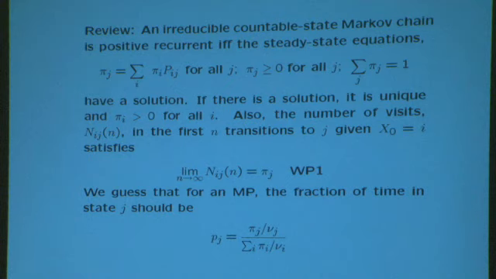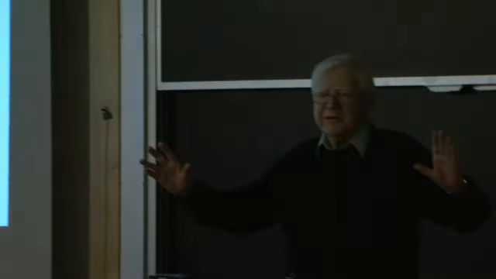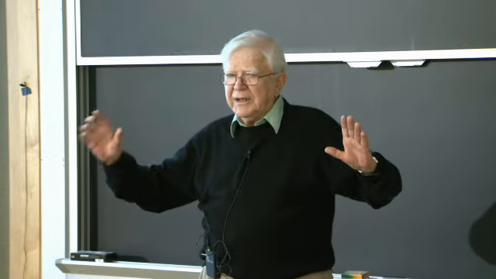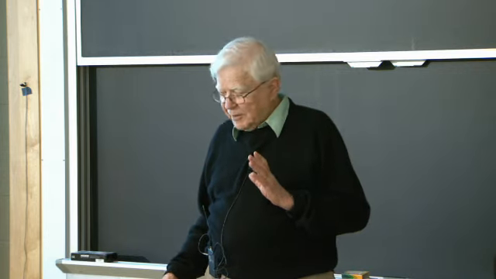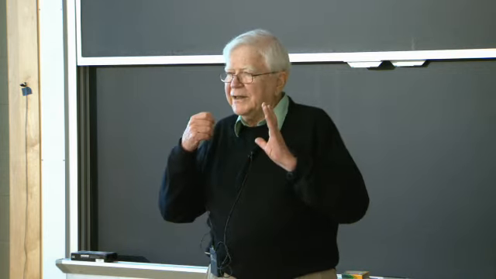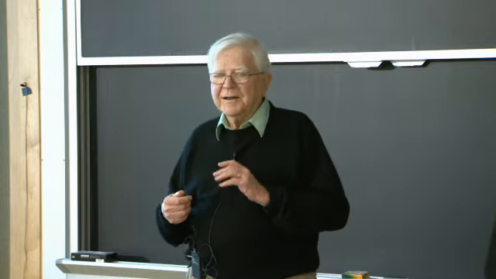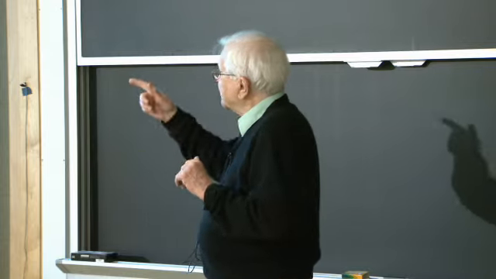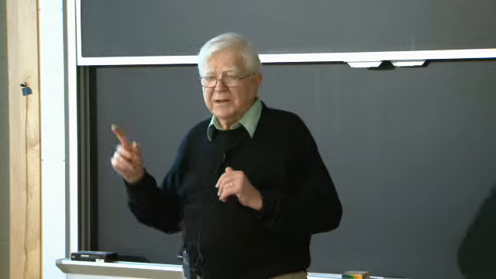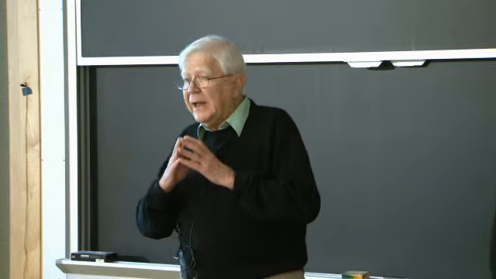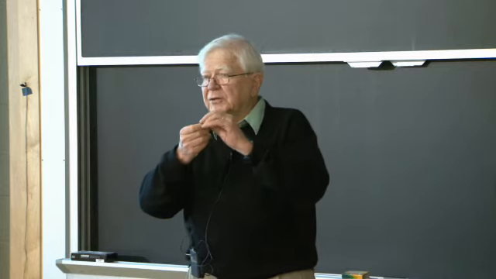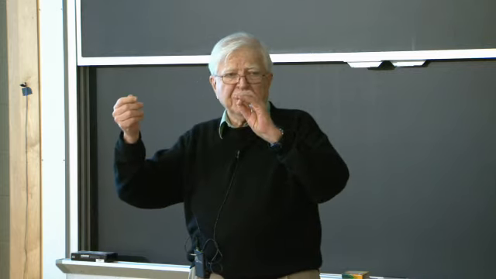Okay? We have this embedded Markov chain. Over a very long period of time, the number of transitions into state i divided by n is going to be pi sub i. That's what this equation here says, or what it would say if I'd written it correctly. Now, each time we get to state i, we're going to stay there for a while.